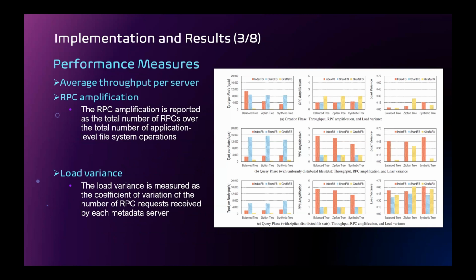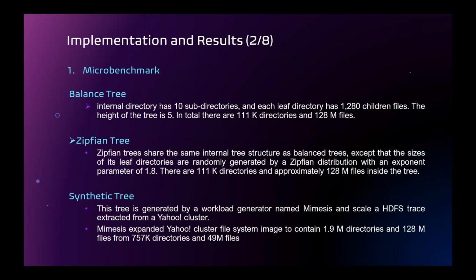Now we'll look at the implementations and results of the first one, micro benchmark. Here, different tree structures were employed to assess system performance. This included balanced trees, Zipfian trees, and synthetic trees generated from Yahoo cluster trace.